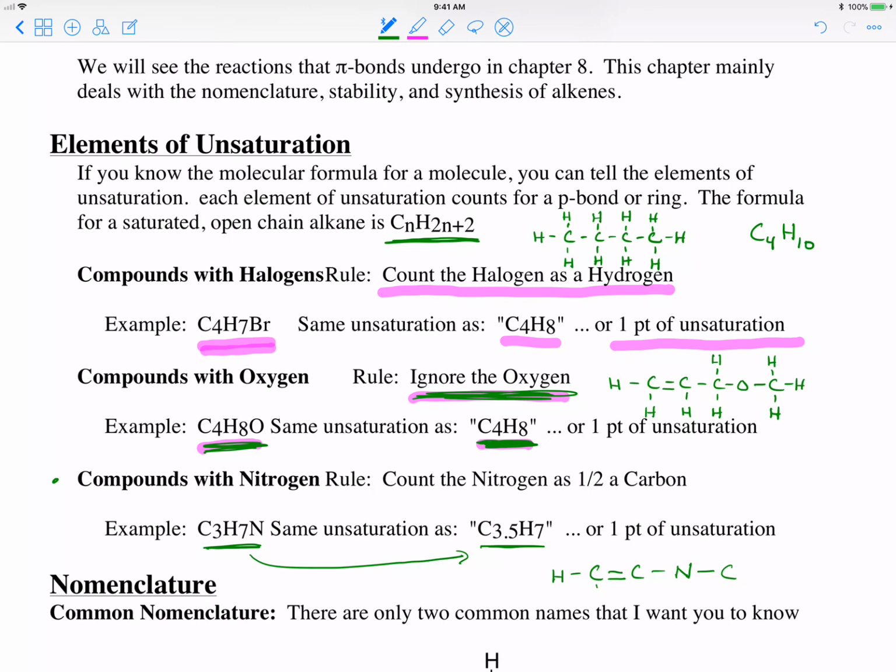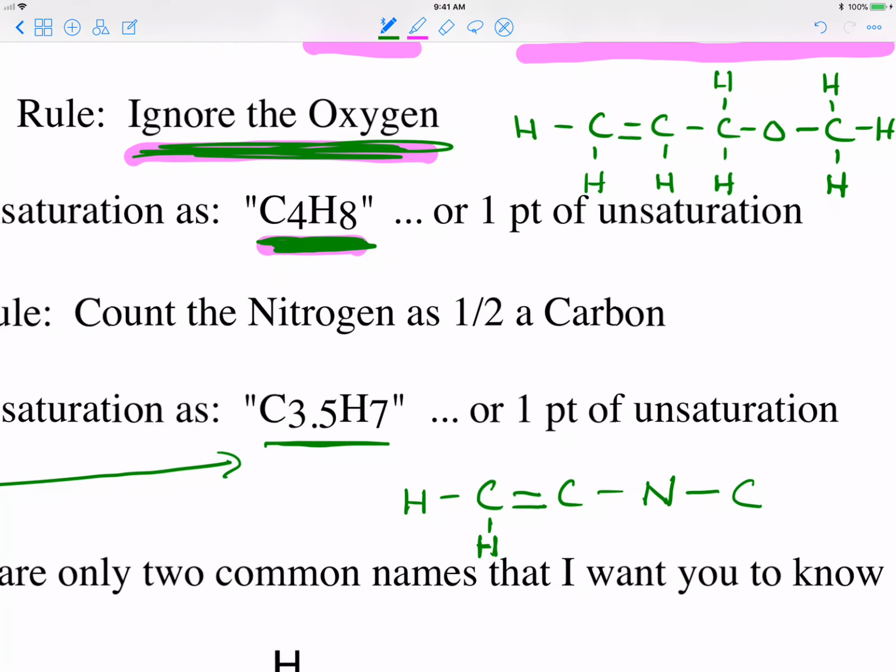Anyway, let me go ahead and draw a C3H7N molecule, and you see what I mean. Remember, we're talking about stable molecules, not intermediates, so everything has the right number of bonds that it needs to have. So this is an example of a C3H7N molecule right here. And it does have 1 point of unsaturation.